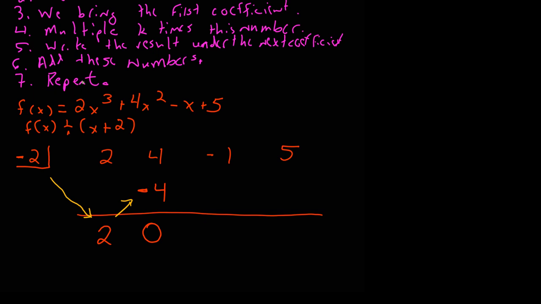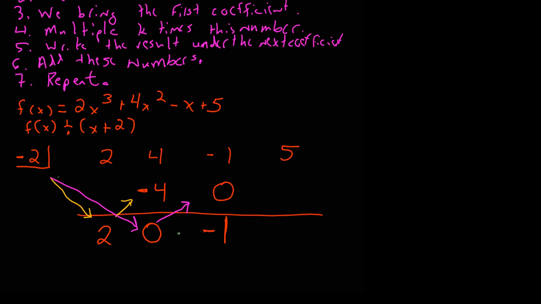Now I repeat. So I come back here, and I'm now focusing on this multiplication. I multiply k by this, and the answer goes here. So -2 times 0 is 0. And I add these numbers, and I get -1. And I repeat.